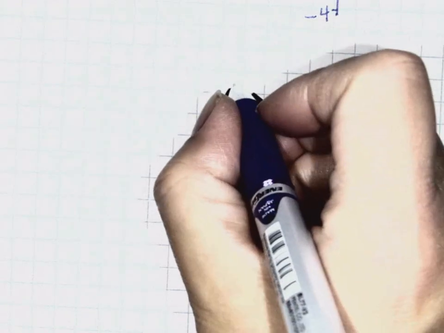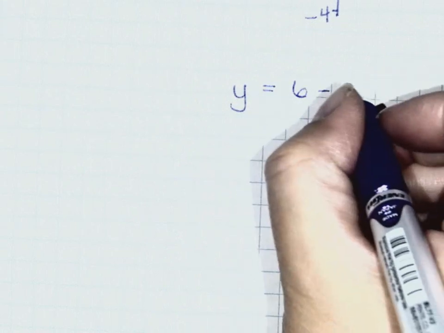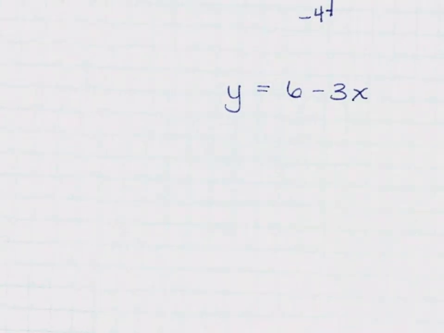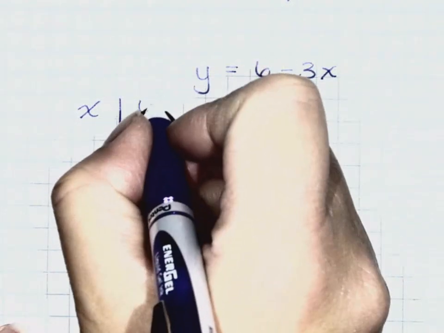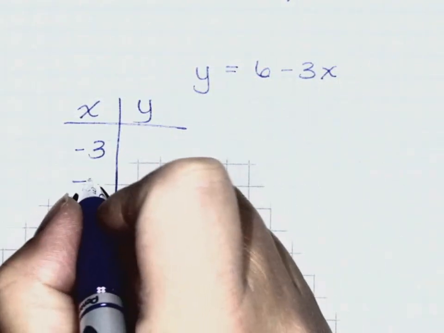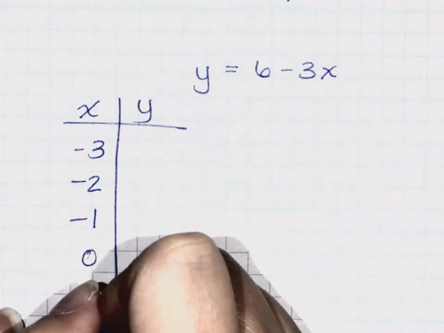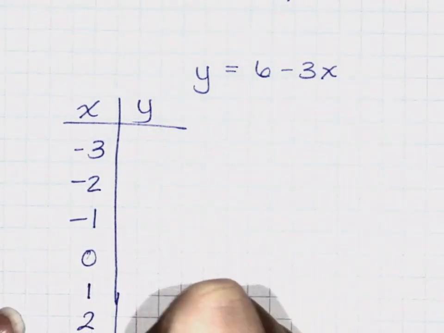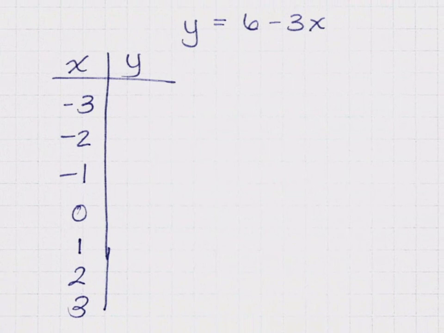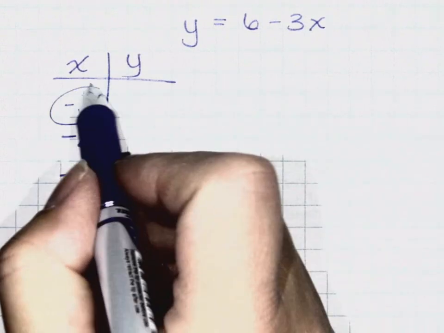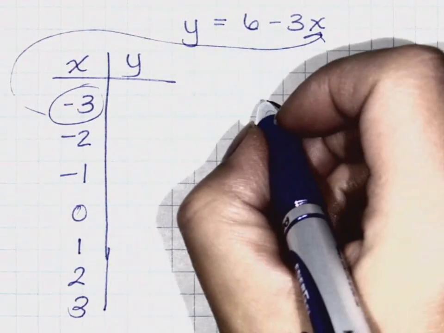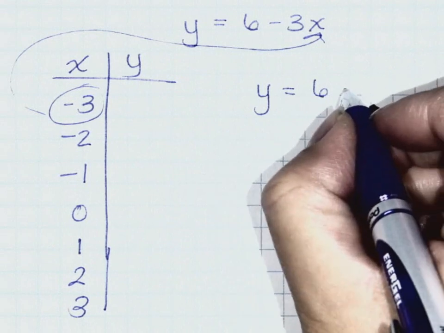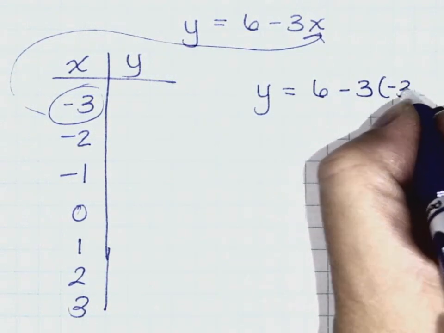So the formula was y equals 6 minus 3x, and our first x value was -3. All right, so we are going to substitute -3 into here. So we're going to have y equals 6 minus 3 times -3.